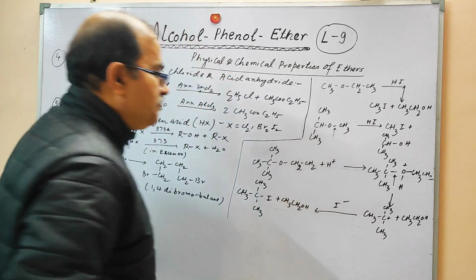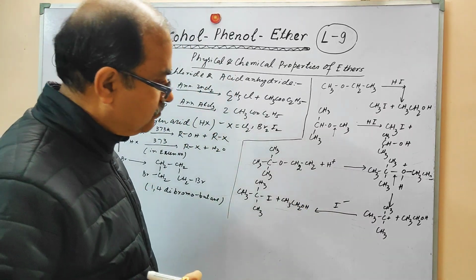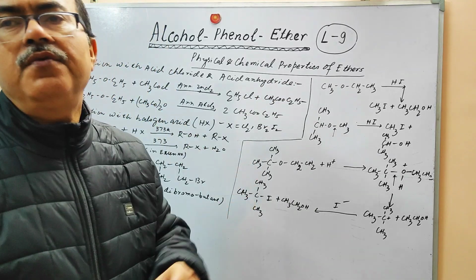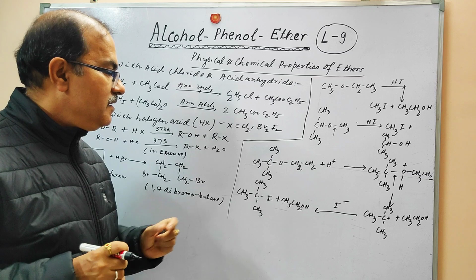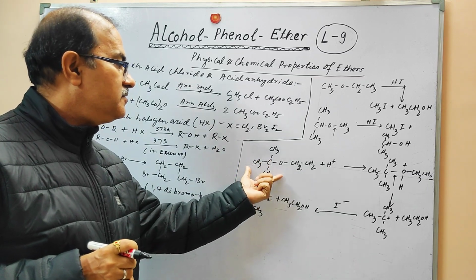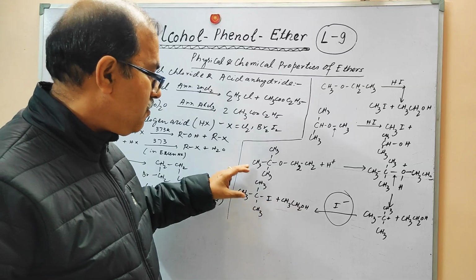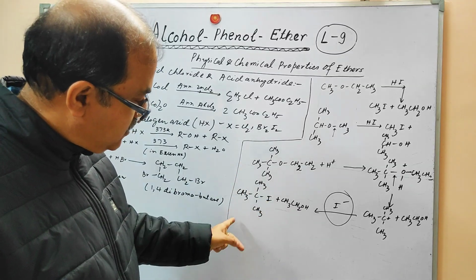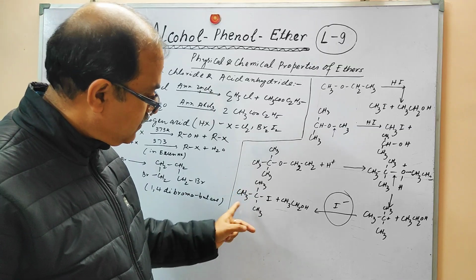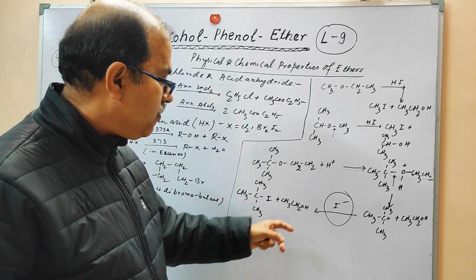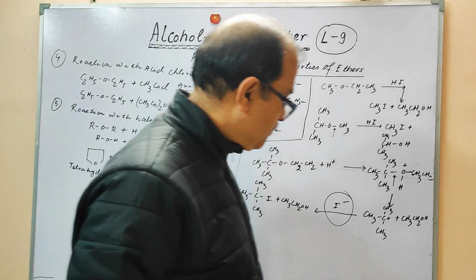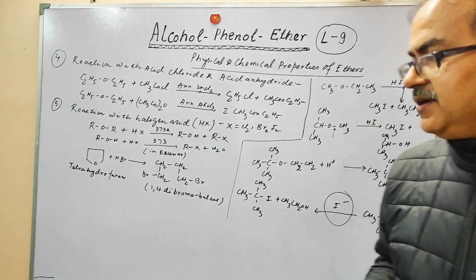So the nature of the product from an ether also depends on which type of ether we are dealing with. If one group is tertiary, in this case tertiary butyl, there will be formation of tertiary iodide, tertiary butyl iodide, along with this alcohol.